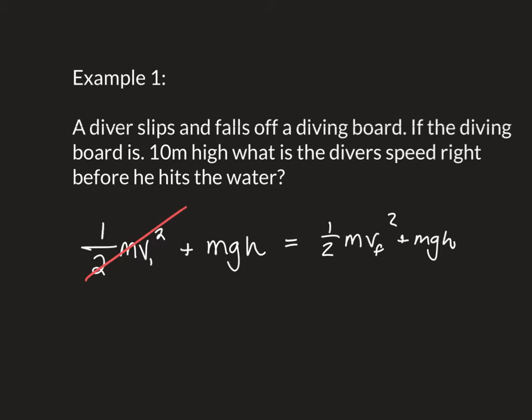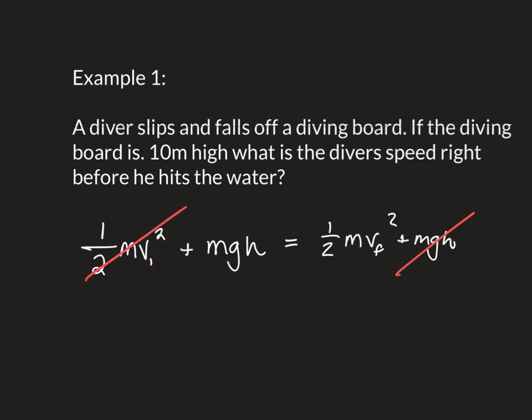He has no initial kinetic energy. And at the end, is he going to have any gravitational potential? We're talking about his speed right before he hits the water, so that means that's going to be 0. So really, the gravitational potential energy at the beginning is going to be equal to the kinetic energy at the end.